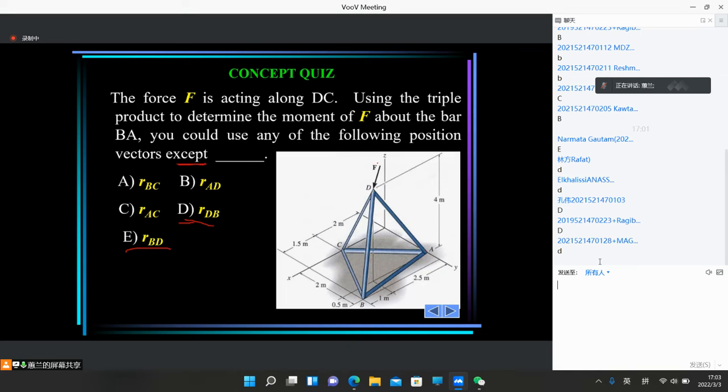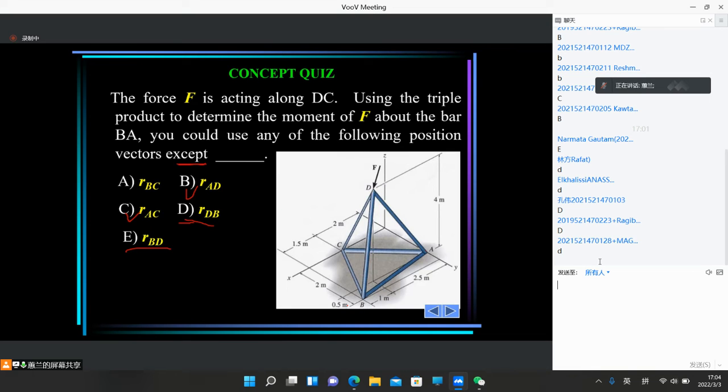You can choose any position vector from A to a point located on the line of action of force F. So you can choose the position vector RAD cross F or RAC cross F. But it's important that the starting point is from the moment center A. So RAC and RAD are correct.